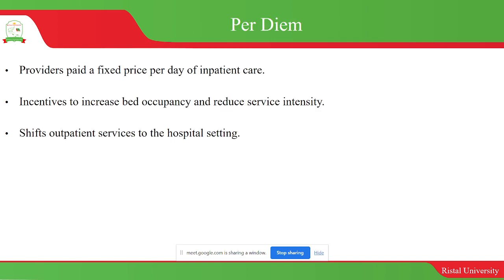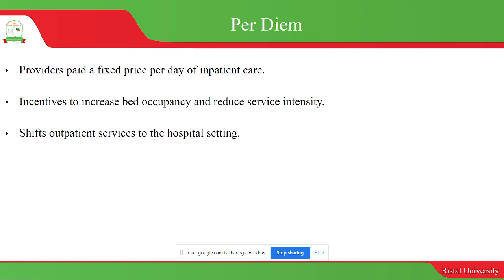And then we can have per diem, where providers are paid a fixed price per day for the care of an individual who is an inpatient.